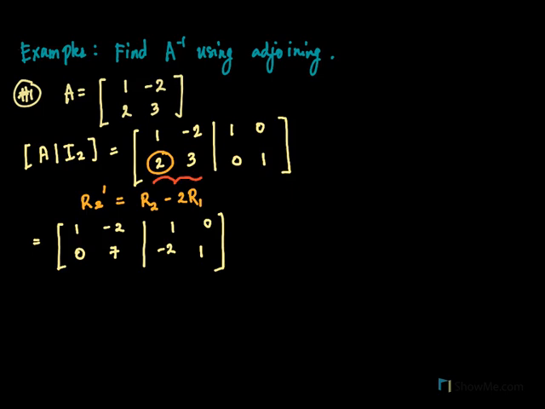Then, kailangan maging 1 din itong portion na to, si 7. Kaya ang next operation natin will be row 2 prime equals 1 over 7 row 2.